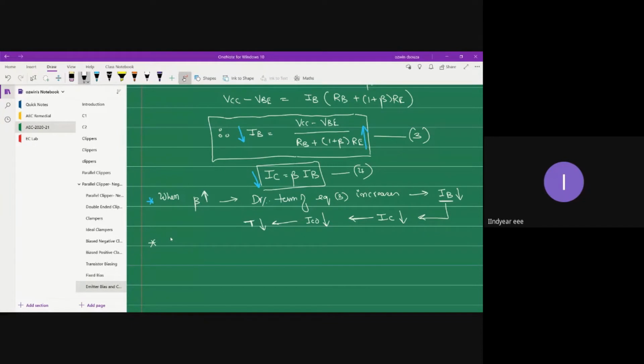So you can say that the emitter resistor RE gives a compensation effect to the circuit, thereby it increases the bias stability.